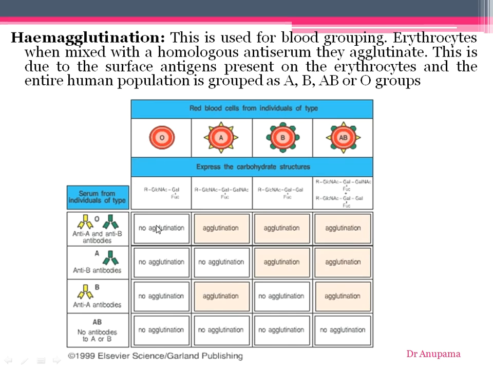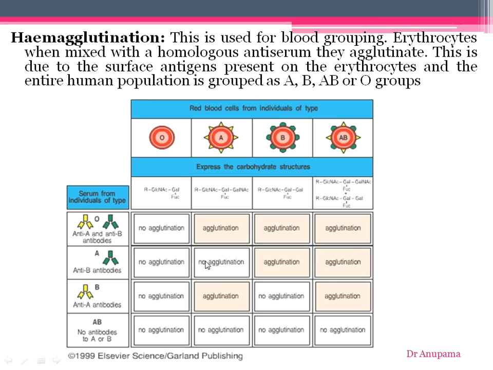You can see that an O blood group person, there is no agglutination. So they can donate blood to anyone since they don't have any antigens on their RBC surface. There is no agglutination even when you add any of these things.